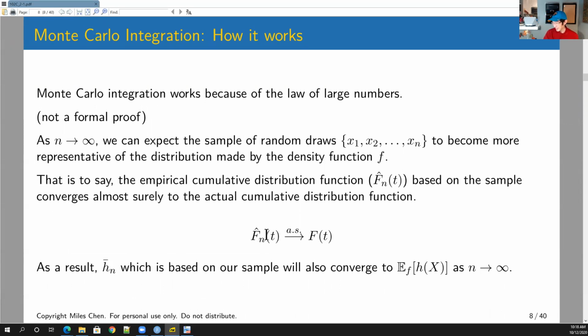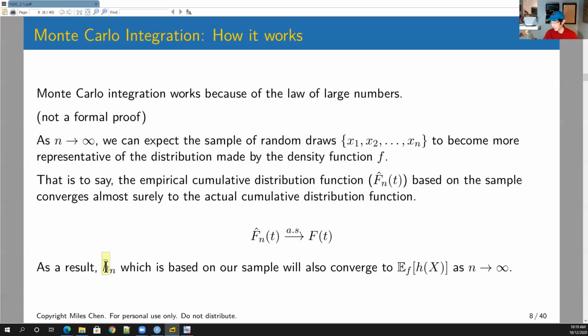So anyway, because our empirical cumulative distribution function based on our sample converges to the true cumulative distribution function, the expected value of h of x, our estimator, is also going to converge to the true value of this.